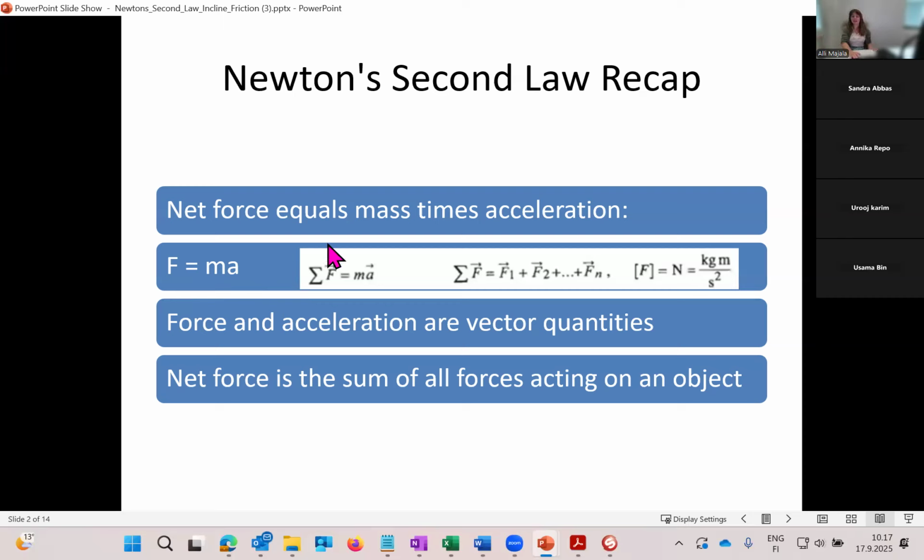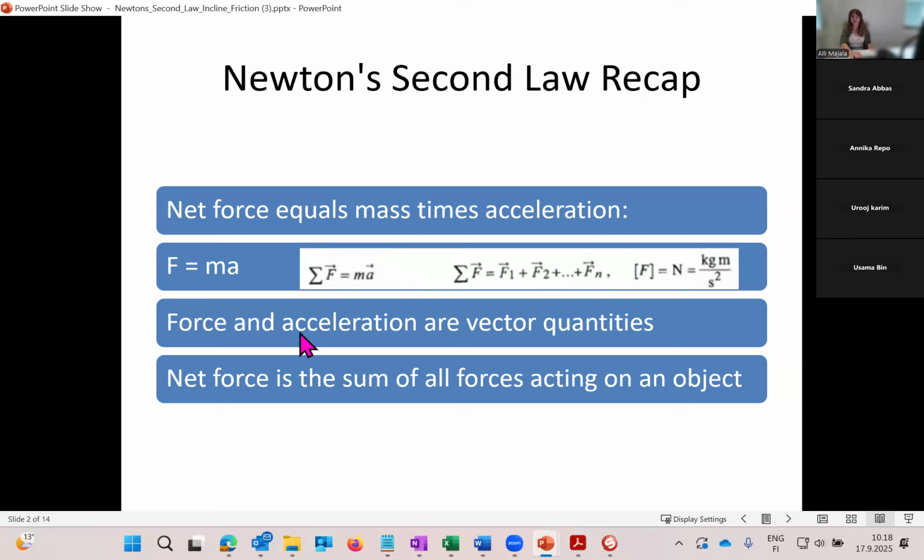But then of course there might be more forces affecting something than just one. With the apple, there was just the gravity pulling it, but there might be something else as well. So all the forces that are affecting towards a certain direction have to be calculated together, and that totally comes to the mass times acceleration.